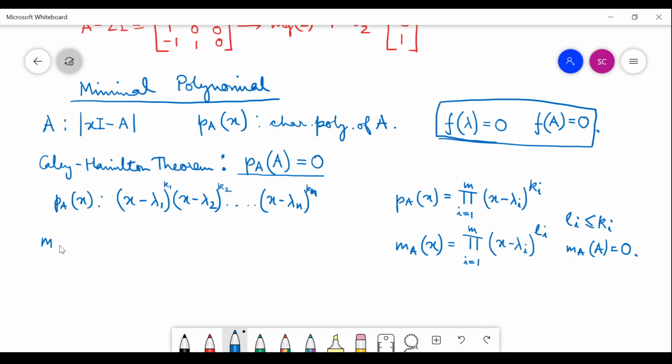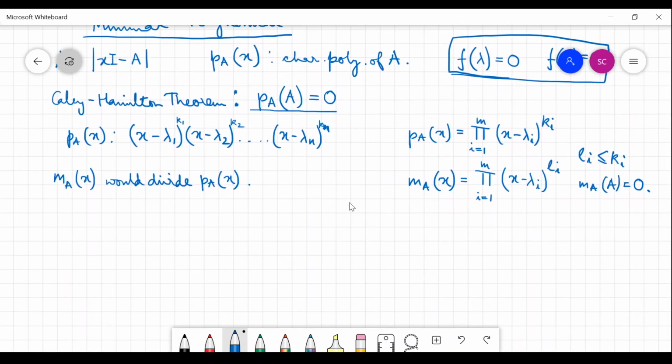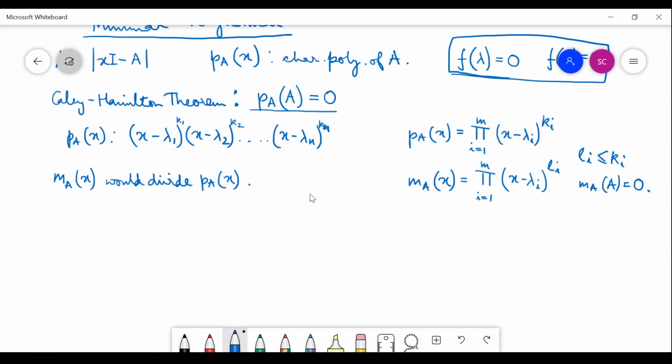So the minimal polynomial m_A(x) would divide the characteristic polynomial P_A(x) without leaving any remainder actually. So it perfectly divides. That means that each irreducible factor of P_A(x) is also a factor of m_A(x).